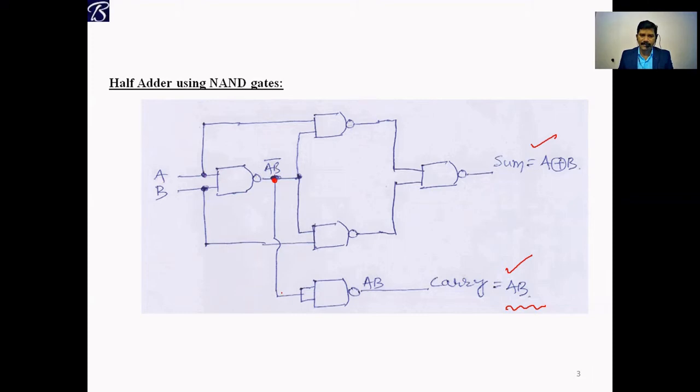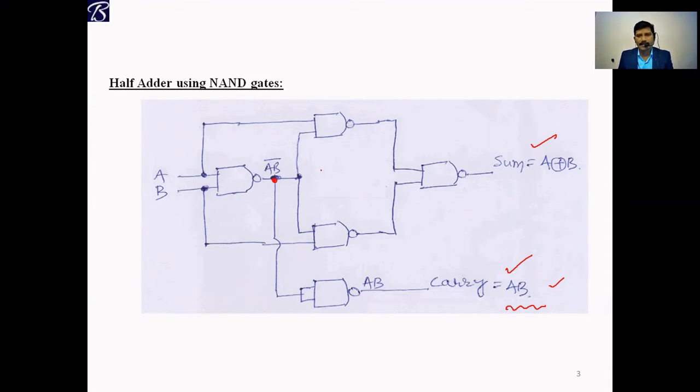If you give one more NAND gate, you get AB double bar, which is nothing but AB. So this is the carry we can get. So how many NAND gates are required to implement a half adder? 5.